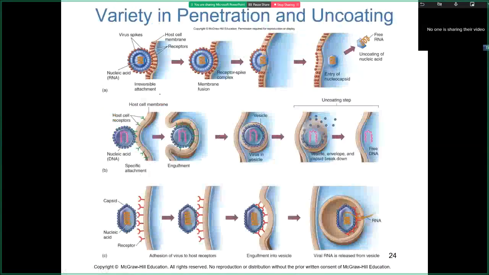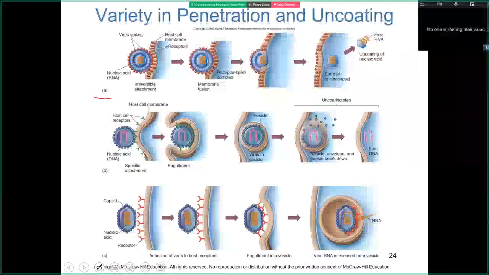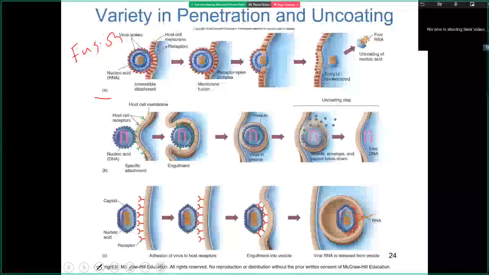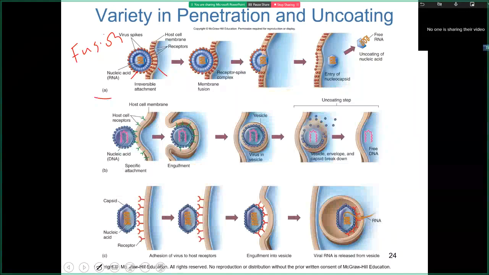So here, these images show, here at A, this is fusion, all right? This is fusion. What you're looking at here: you've got the envelope, you've got the host cell membrane, and there's the adsorption here with the spikes and the receptors binding.